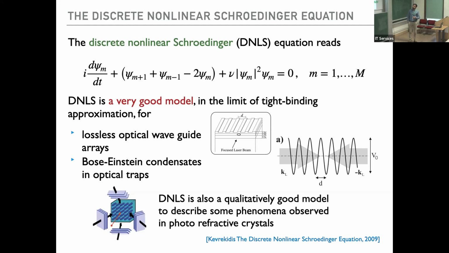This is also a good model for Bose-Einstein condensates in optical traps in one dimension, and might also be a qualitatively good model for photorefractive crystals. I'm not really an expert on the derivation of this model in these systems, but there is a nice book explaining all the ideas behind how to derive this model for such physical cases.